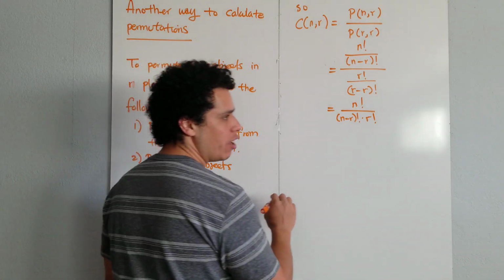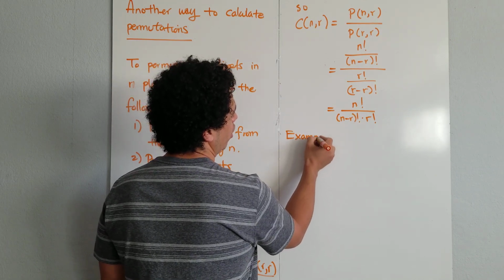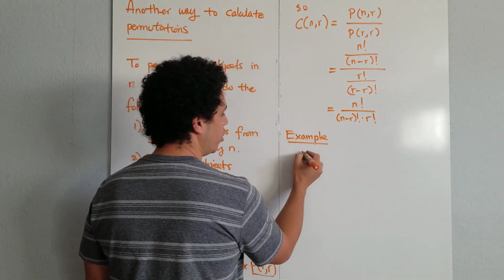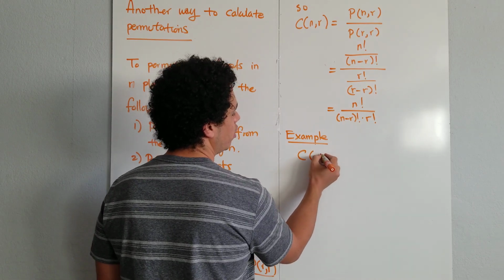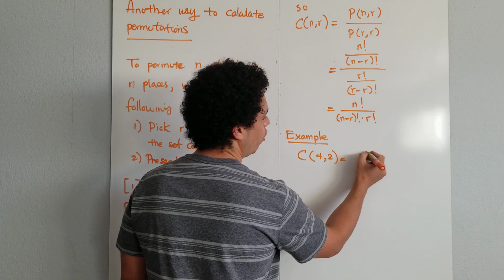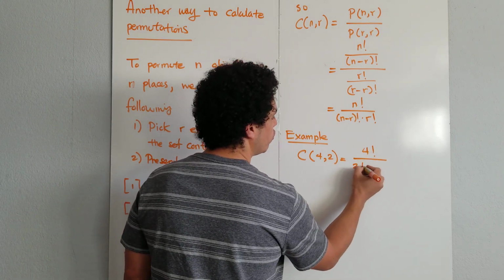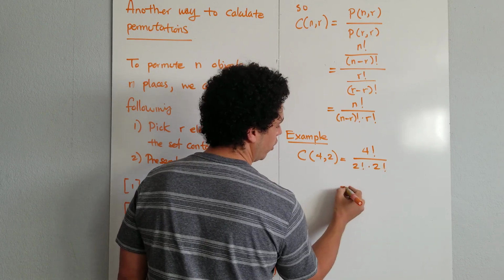Now, let me just give a brief example. To compute C(4, 2), that amounts to doing the following: 4 factorial over 2 factorial times 2 factorial. Well, what is this?